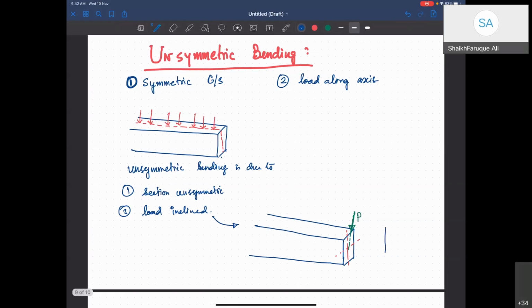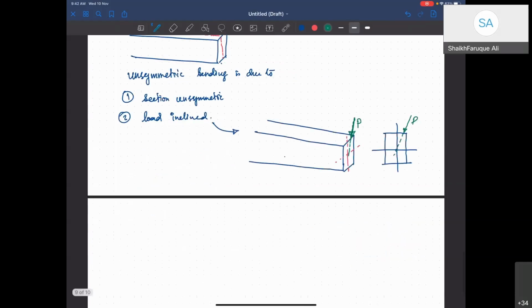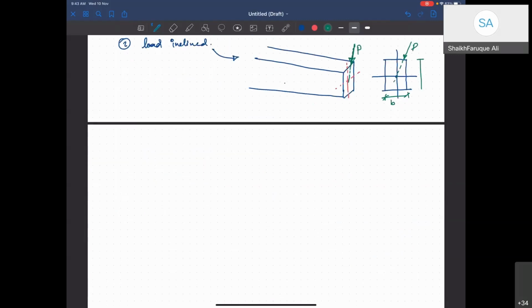Now, if I look at the cross section, these are my symmetry lines. My P force is going from this point like this. Okay. So in that case, let's say this is my B, this is my H. In that case, what will we do? We will change the cross section. Okay. And the load is like this, which will be equivalent to two sections.